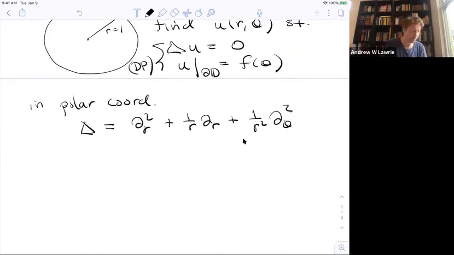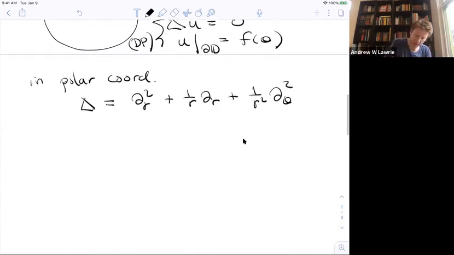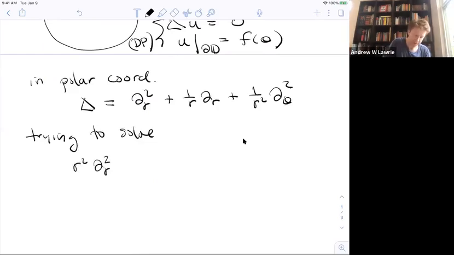So we're trying to solve r squared dr squared of u, and I'm going to multiply through by r squared so it doesn't look like there's a singularity at r equals 0, plus r dr u plus d theta squared u is equal to 0.